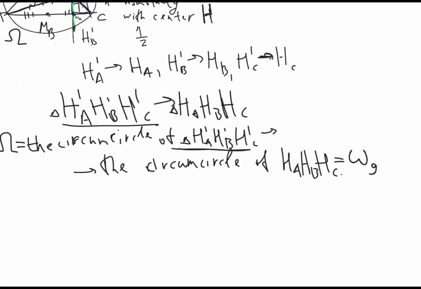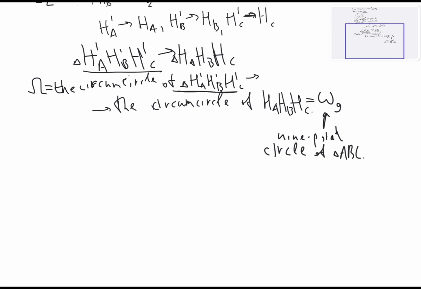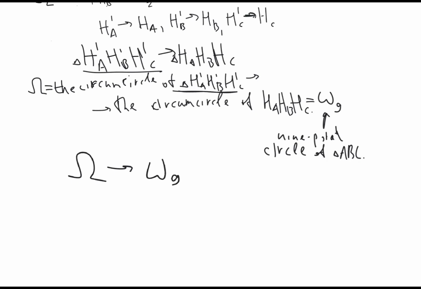We will denote it, omega 9 is the 9-point circle of the triangle ABC. So under this homothety, in total, the circumcircle of triangle ABC is mapped to the 9-point circle of this triangle ABC.